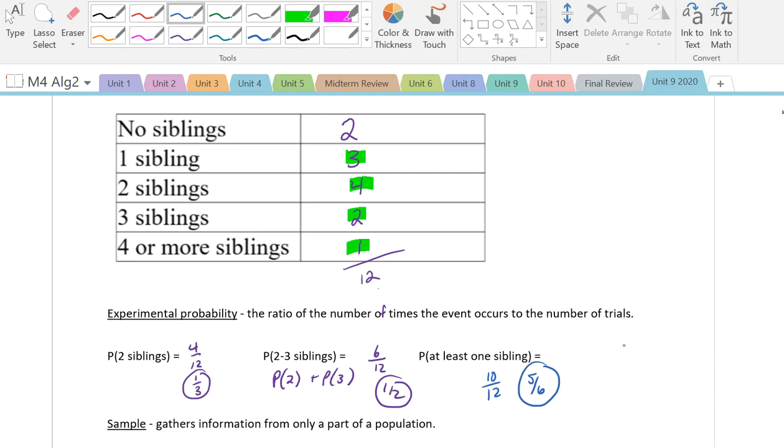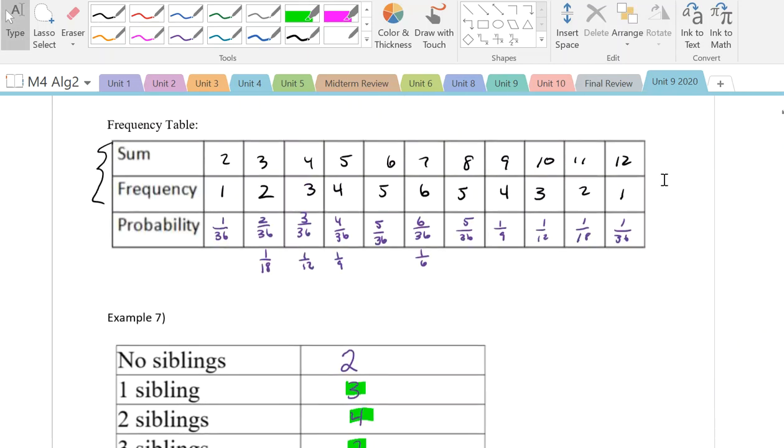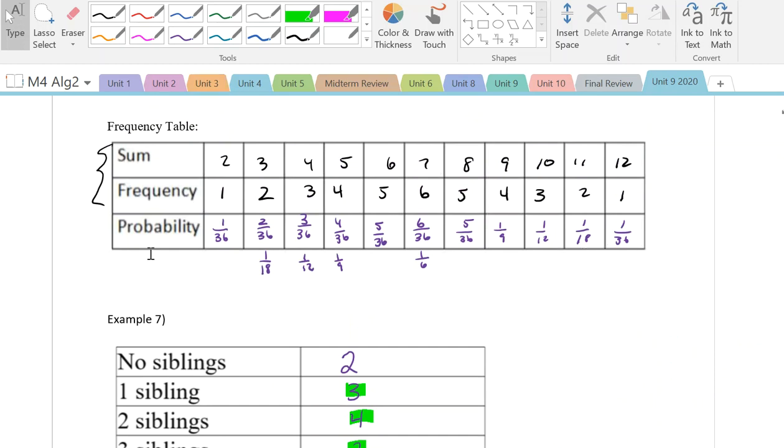The other way we could do this is probability 1 minus the probability of no siblings. It's really 1 minus 2/12, which is 10/12. Get to the same place eventually. Just another way of thinking about it. These are all examples of experimental probability rather than the theoretical probability here.